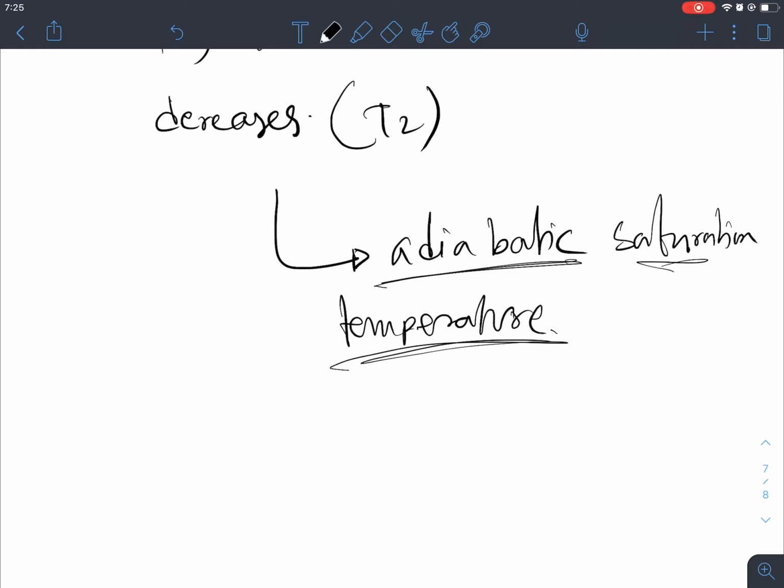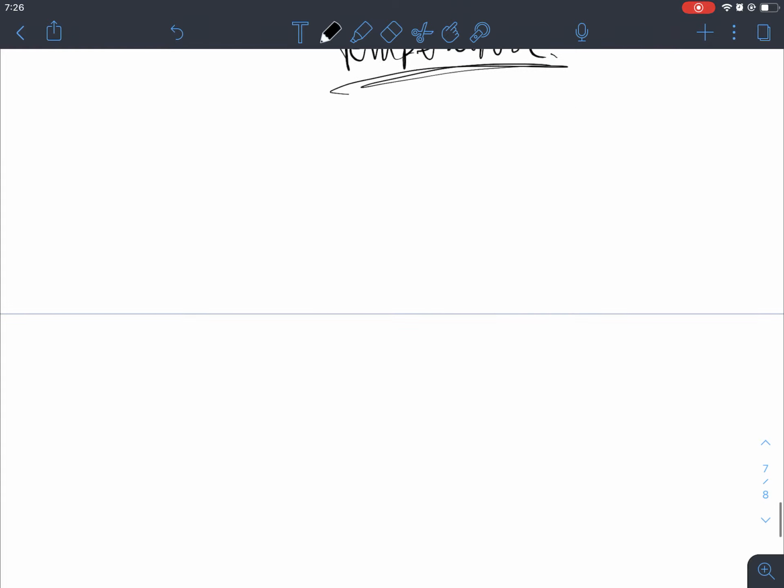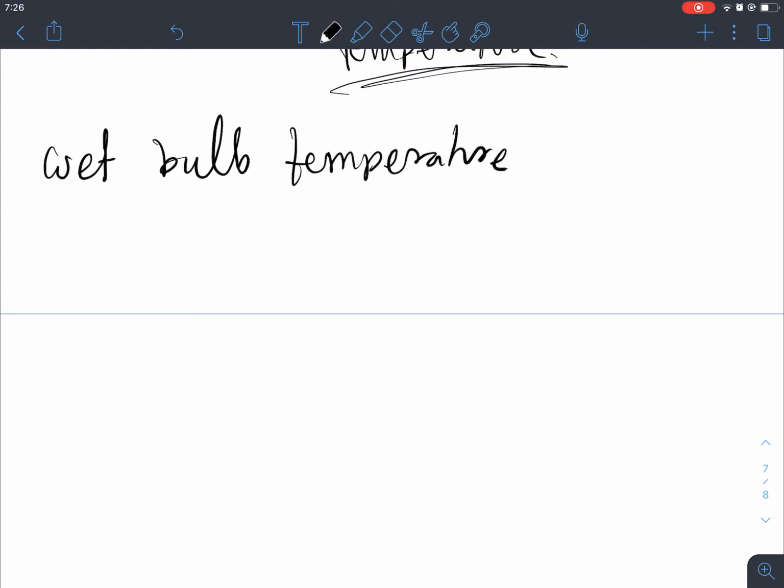Okay, we have one more definition, which is called the wet bulb temperature. Wet bulb temperature is nothing but a temperature.